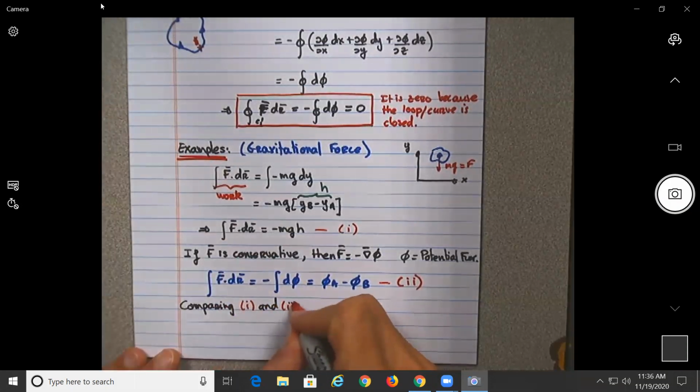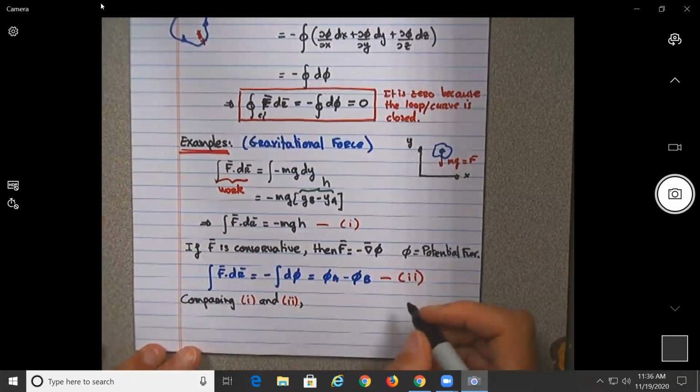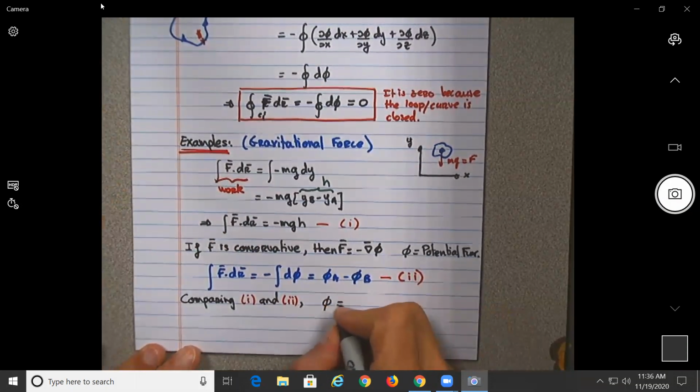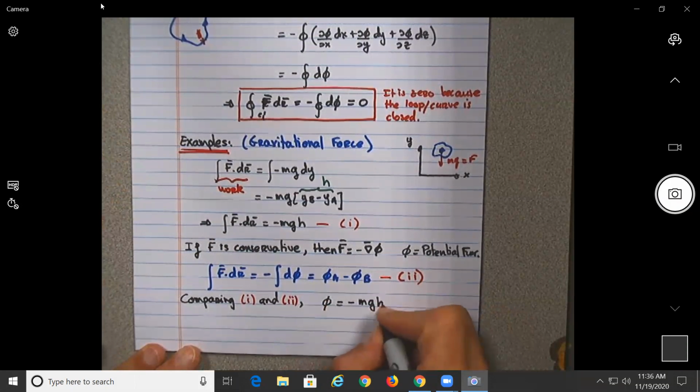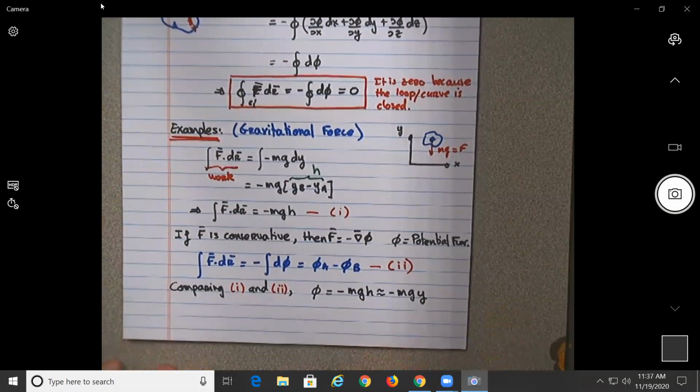It's so simple that I had time to write it, okay? Basically, if you compare these two, what can you say? That the potential function is equal basically to minus mgh, or that would be negative mgy, no? Okay.